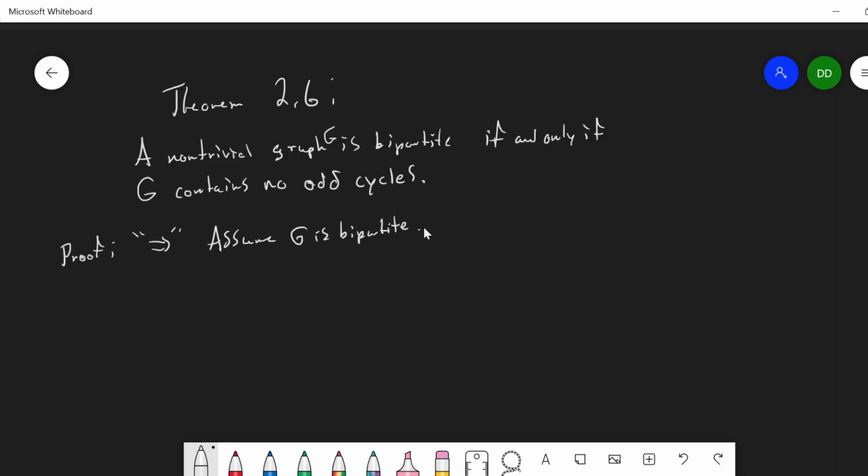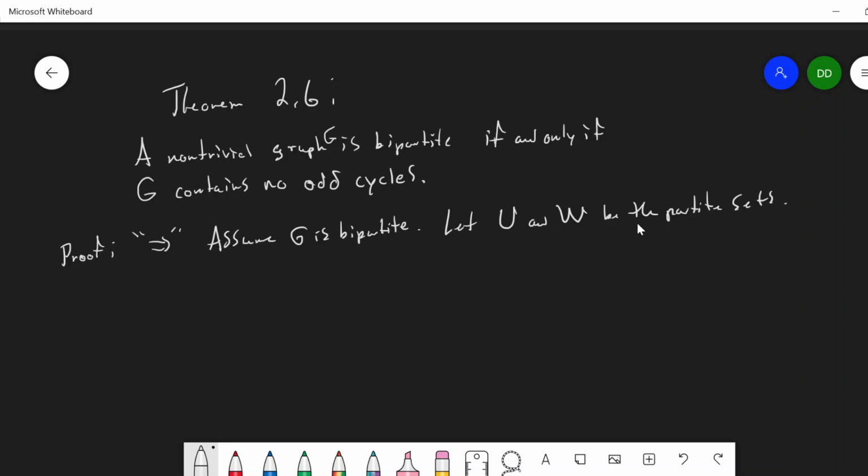So what I want to do is give myself an arbitrary cycle and show that it has to be even length. So assume G is bipartite. Let's let U and W be the partite sets. In particular, no two vertices of U are adjacent, no two vertices of W are adjacent.